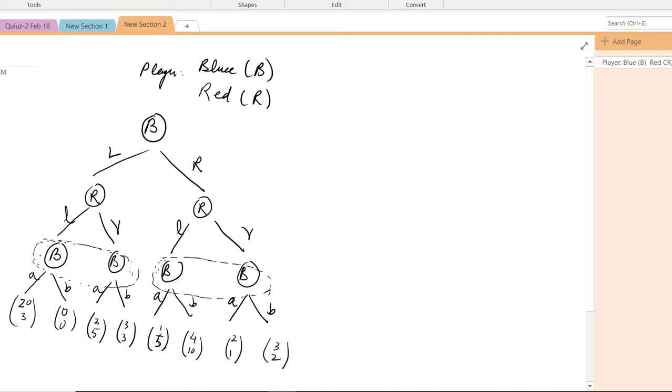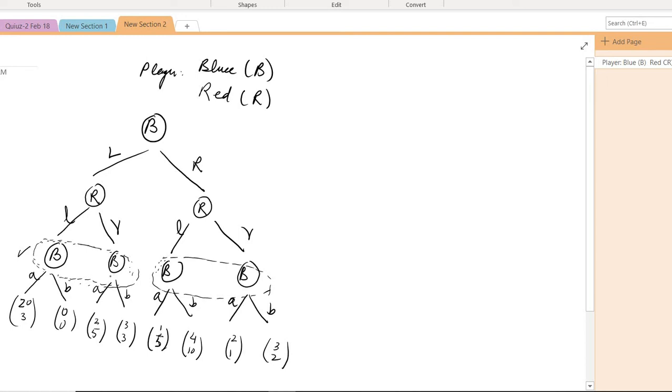In other words, at this stage, player B does not know what player R has played, either L or R. So this is the lack of information, asymmetric information, for player B. He has decided to play a or b, but he does not know whether he is standing at L or at R. He knows that he is standing somewhere between them, either L or R, but he does not know where actually he is standing.